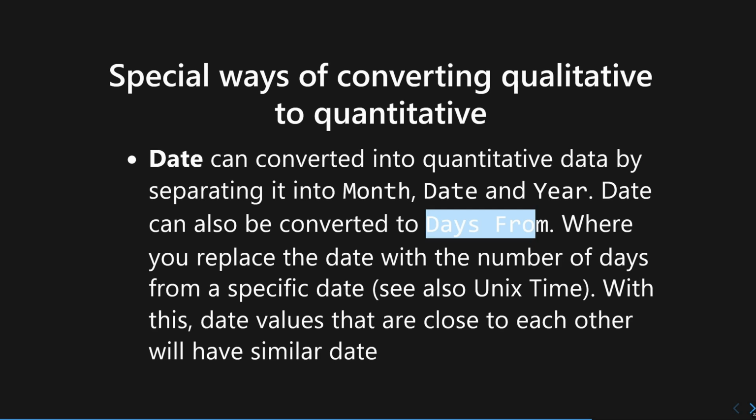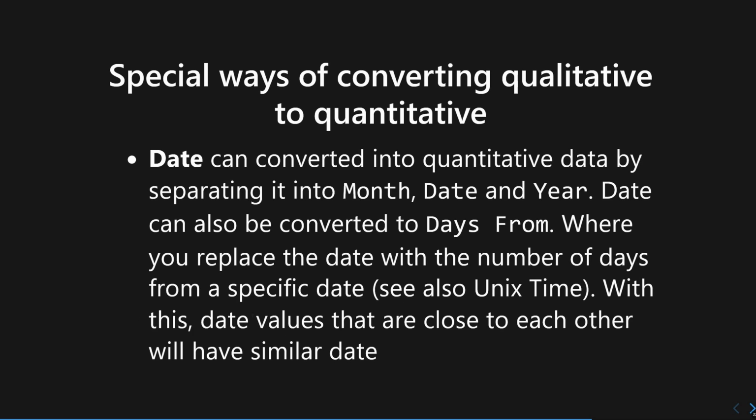So for example, September 29, 2025 can be replaced with the number of days from January 1, 2025 until September 29, 2025. So you're just going to end up with a single value. And either of those are possible conversions. It depends on the context, which one is the better conversion that would work for you.